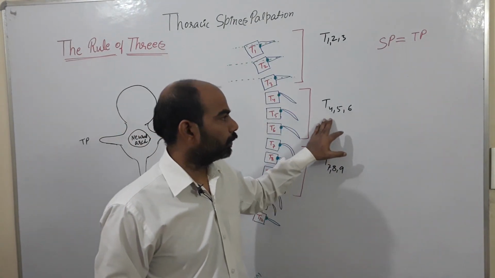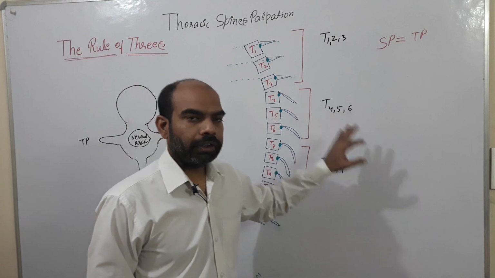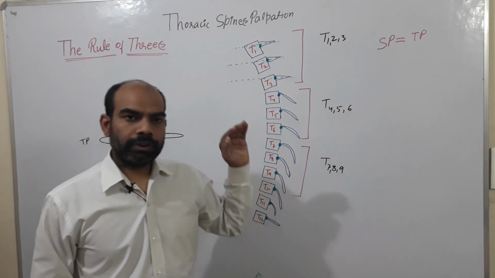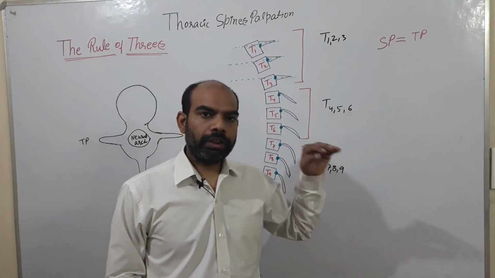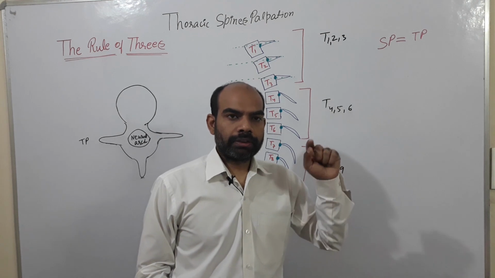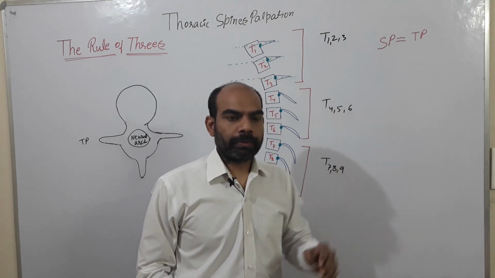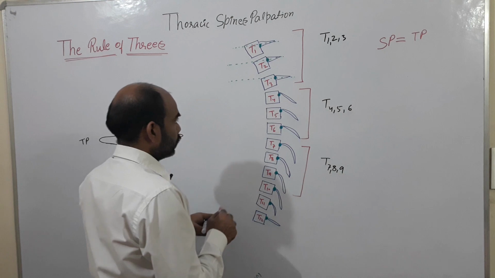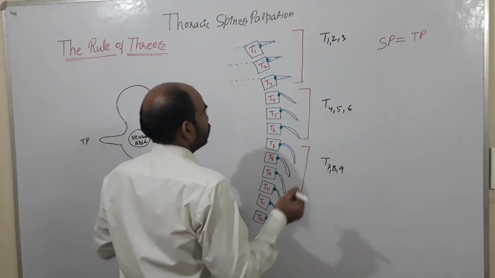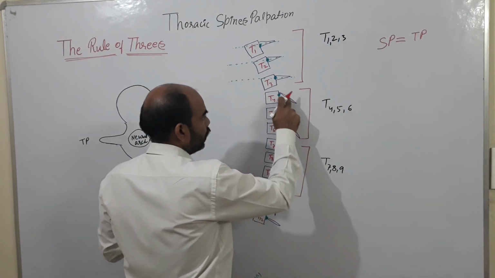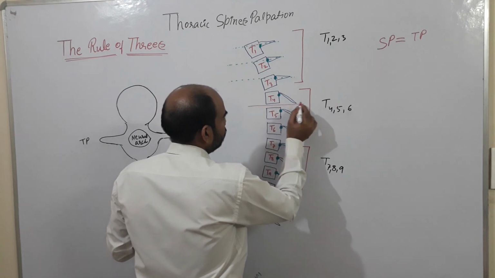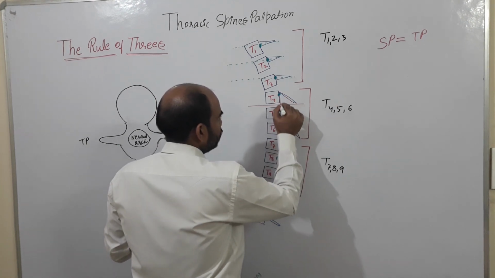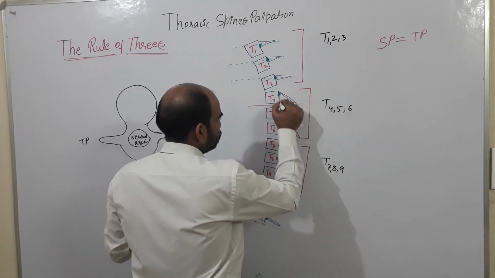In thoracic vertebrae T4, T5 and T6, the spinous process goes down and reaches the distance between the same and lower transverse process. Means this spinous process moves down and reaches the line half the distance between these two transverse processes.